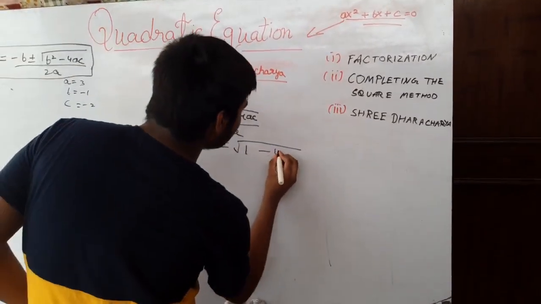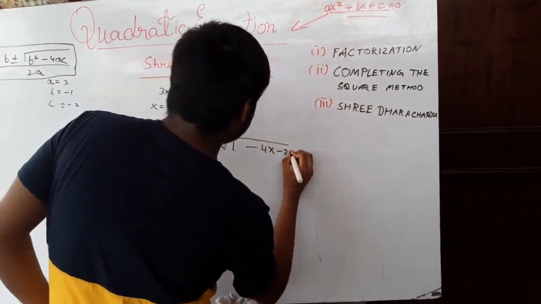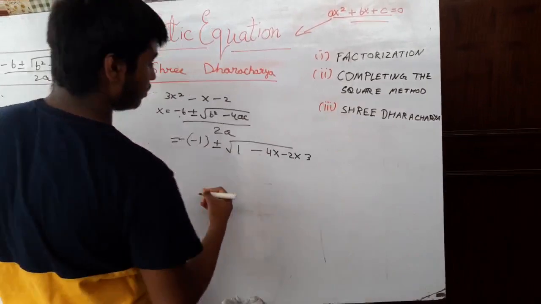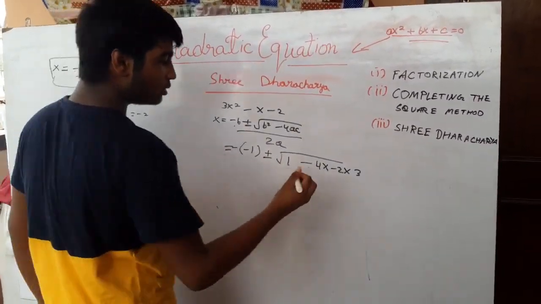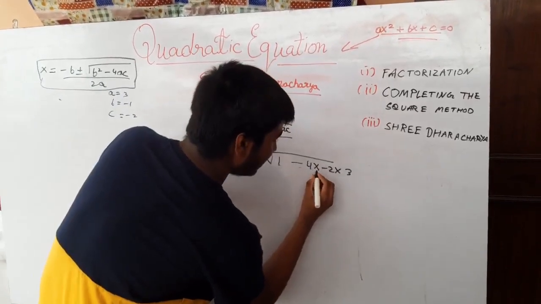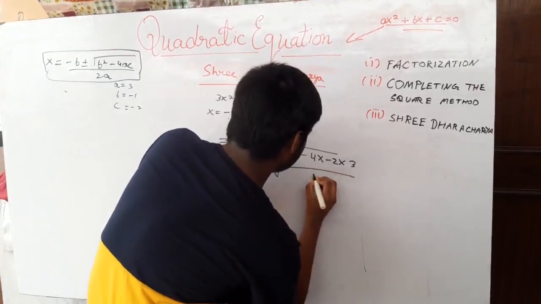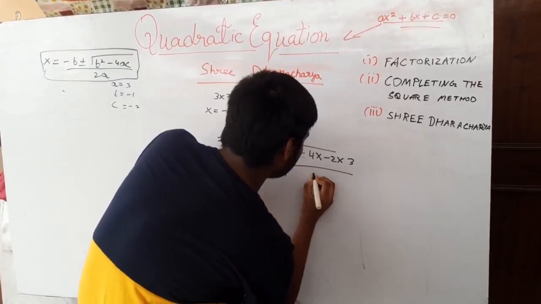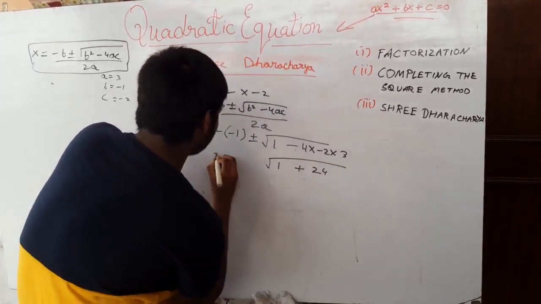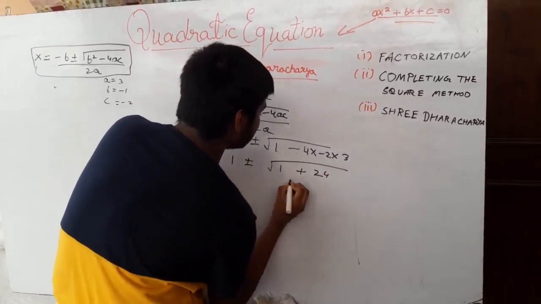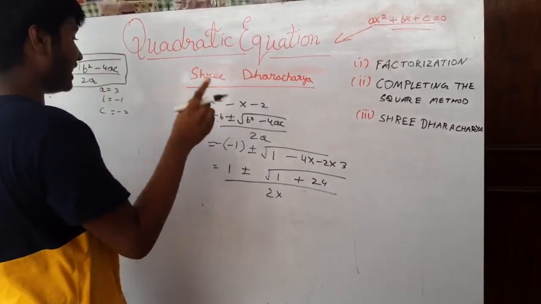So 4 into minus 2 into 3, so 8 into 3, 24. So 1 plus 24. So we'll get 1 plus minus root 24 upon 2a.